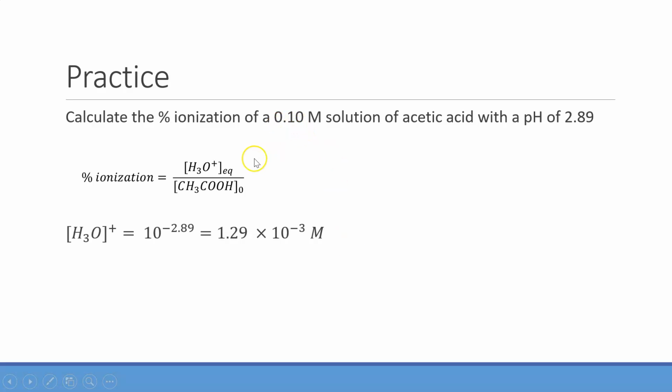Now we know both components of our equation. We set up 1.29 times 10 to the minus third divided by 0.1 multiplied by 100, and that gives us 1.3%. This shows us that this reaction lies pretty far to the left. If you wanted to use Le Chatelier's principle to increase the concentration of the H3O plus, you would have to add something that would cause that to happen.